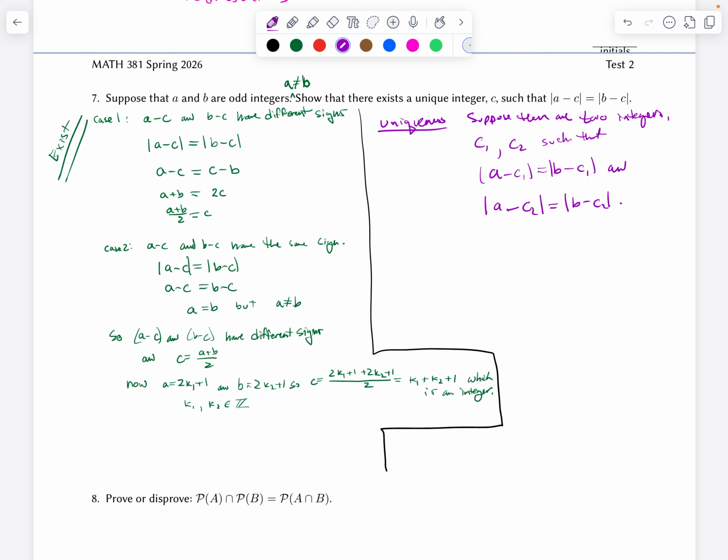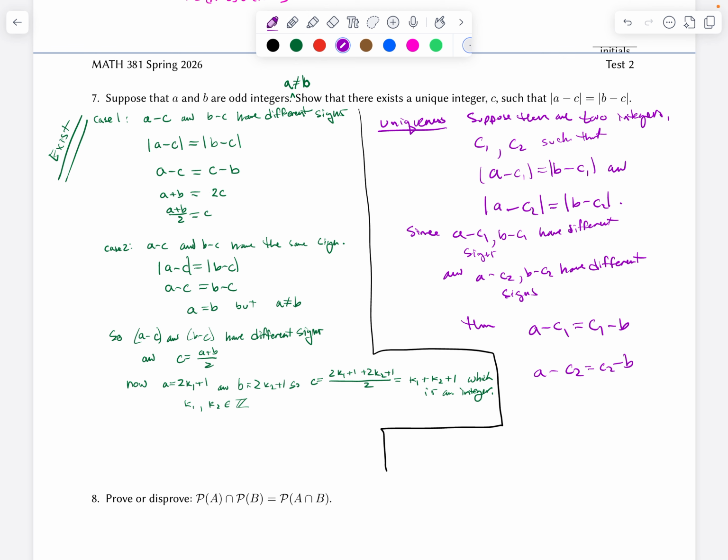Suppose there are 2 integers, c1 and c2, such that the absolute value of a minus c1 is equal to the absolute value of b minus c1, and the absolute value of a minus c2 is equal to the absolute value of b minus c2. Okay, what do we do with this? We've established in the existence part that a minus c1 and b minus c1 have different signs, and a minus c2 and b minus c2 have different signs. Then a minus c1 is equal to c1 minus b, and a minus c2 is equal to c2 minus b.